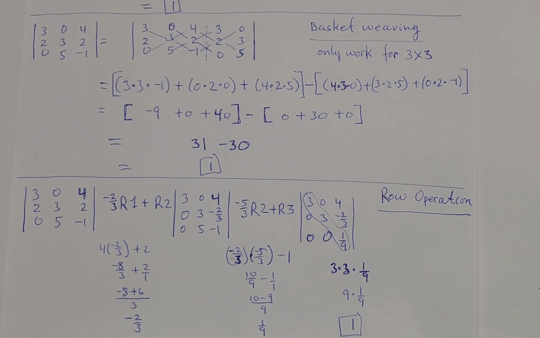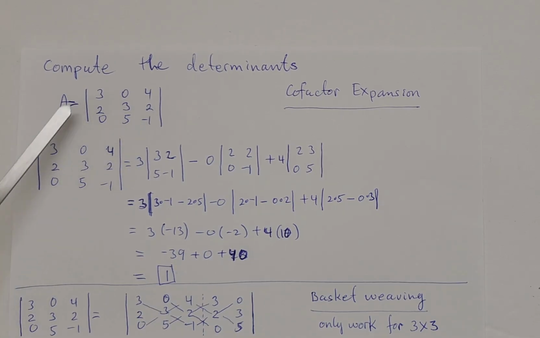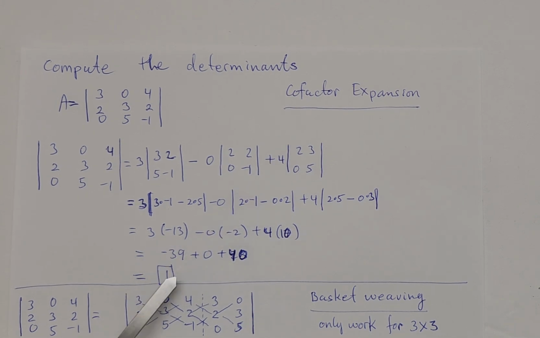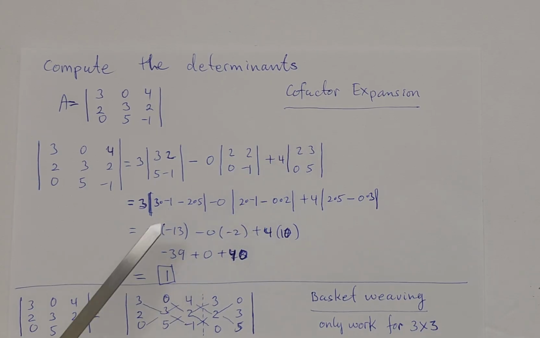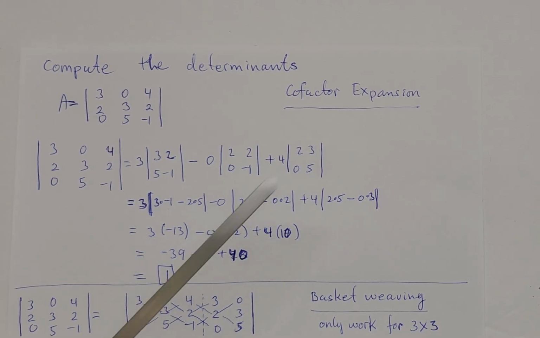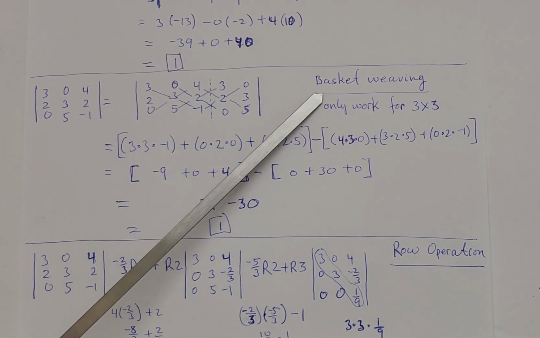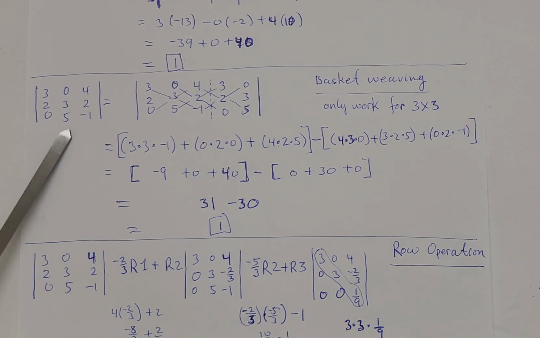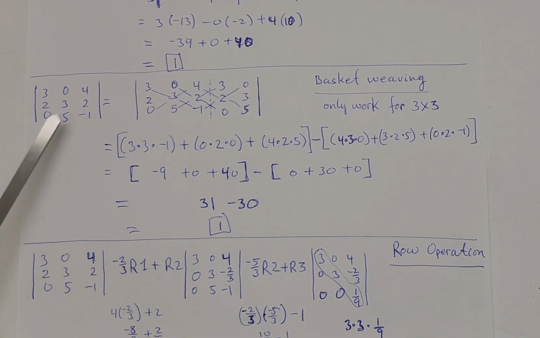However, later on, if this matrix is 4 by 4, 5 by 5, cofactor is too lengthy. It takes too long to find the determinant, because the bigger the matrix, the longer it takes. Also, if you use basket weaving on a 4 by 4, 5 by 5, anything bigger than 3 by 3, the answer will not be the same. So it doesn't work for anything bigger than 3.